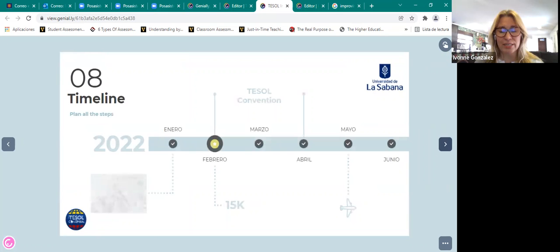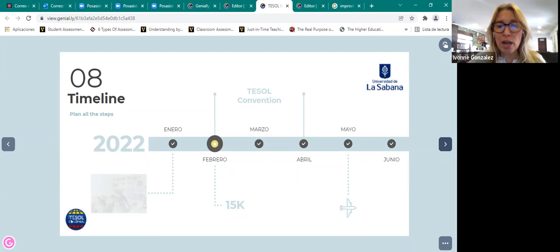Okay, let's go to the next slide. The next one is about planning, and this one is about timeline. So you have to think about what activities you want to do and when.